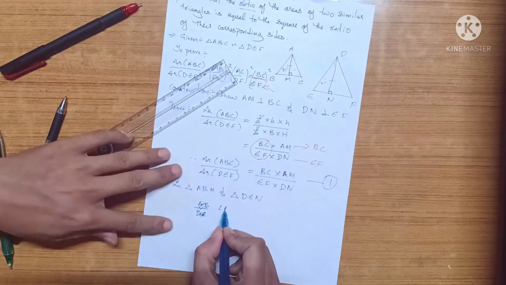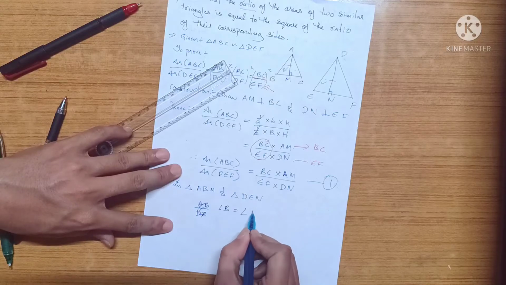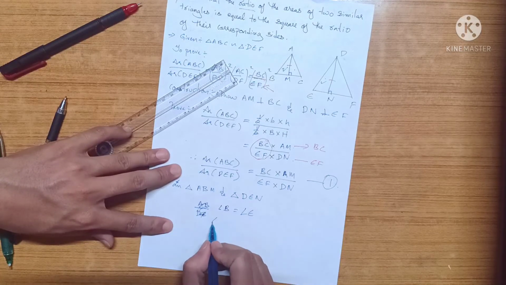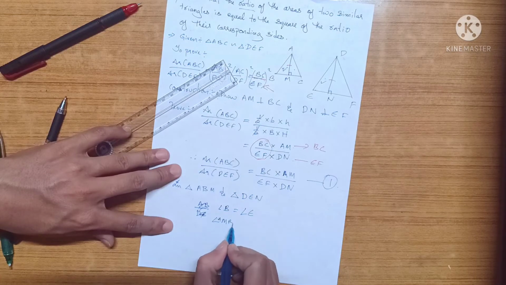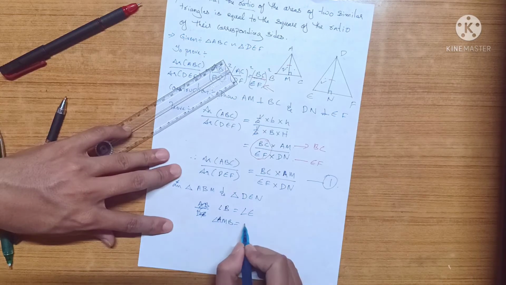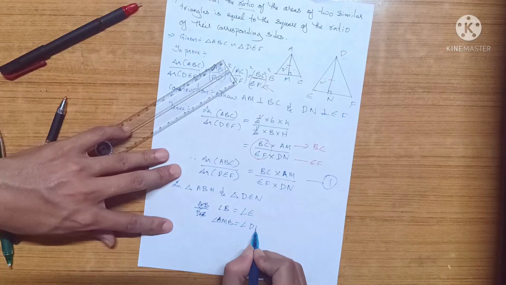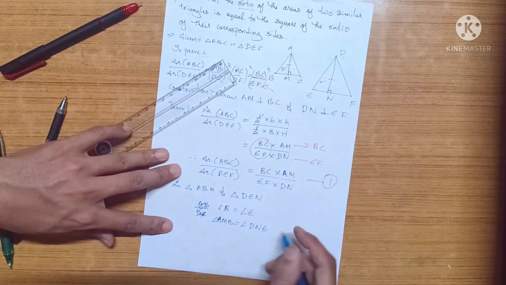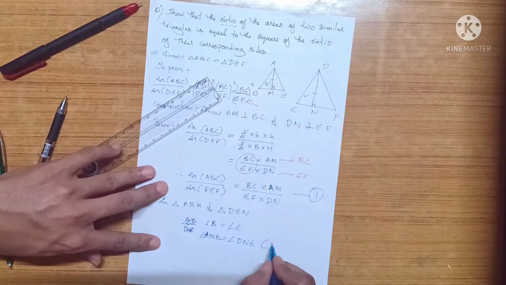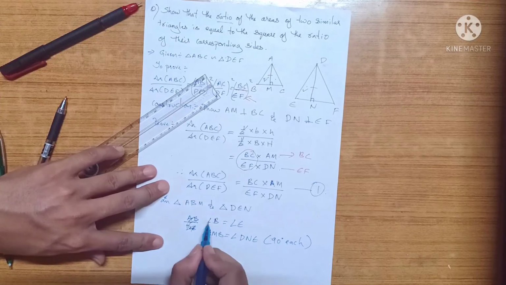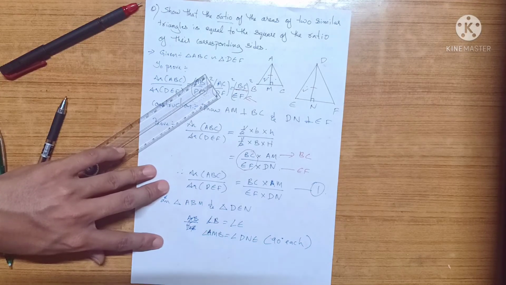So angle B is equal to angle E, and then angle AMB is equal to angle DNE. What is the reason for this? AMB and DNE are 90 degrees each, or you can write from construction. And why is angle B equal to angle E?